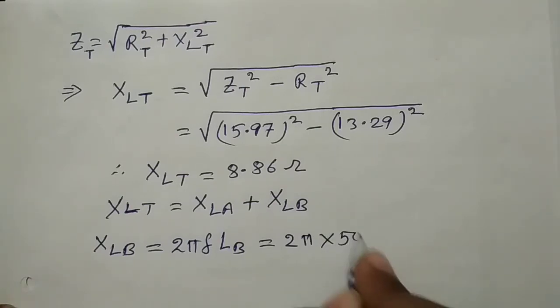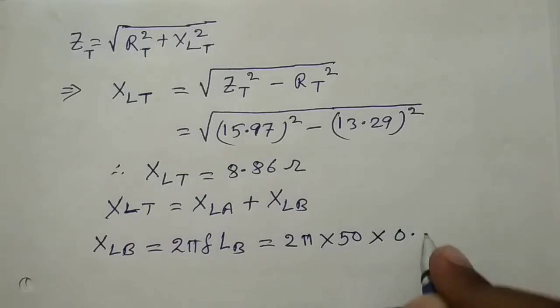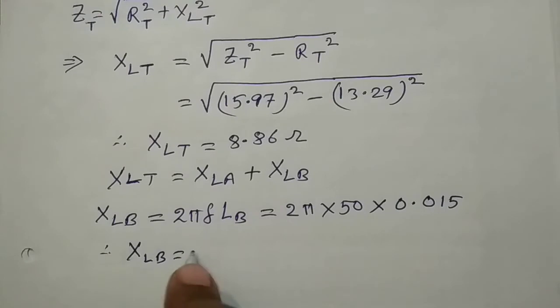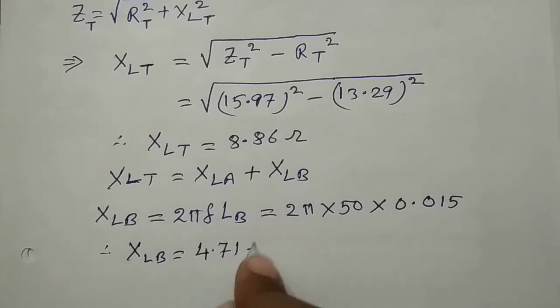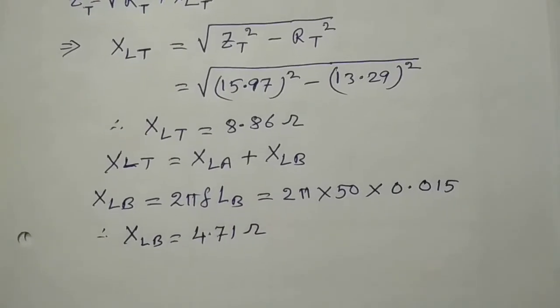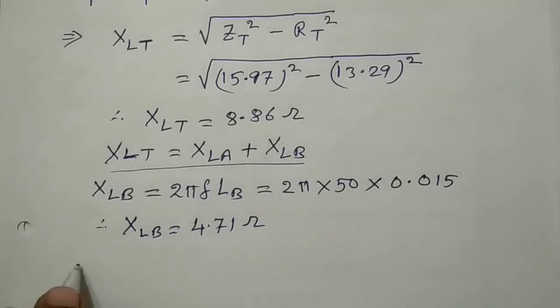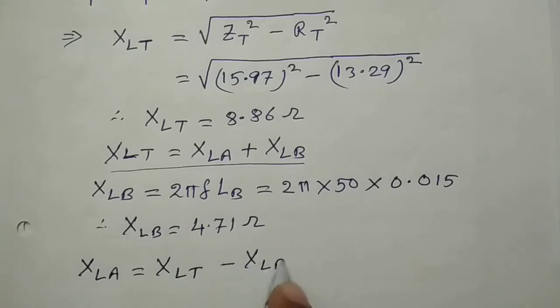Frequency is 50 and the inductance of the coil B is given as 0.015. So the value of XLB will be 4.71 ohms. So now from this relation we can write XLA is equal to total inductive reactance minus inductive reactance of coil B.